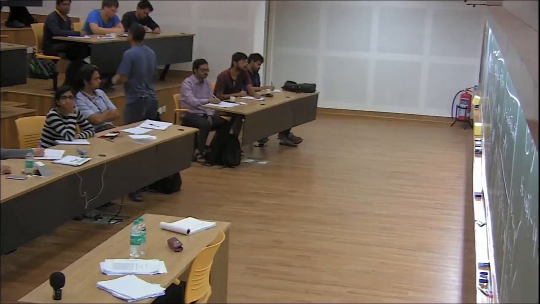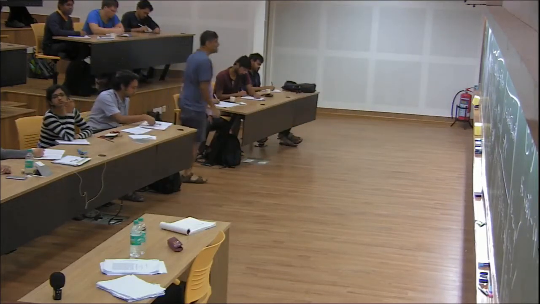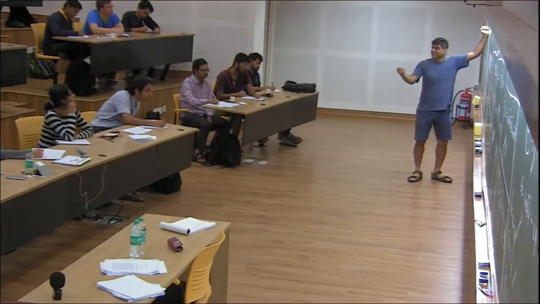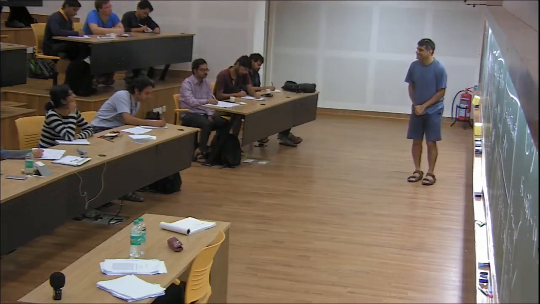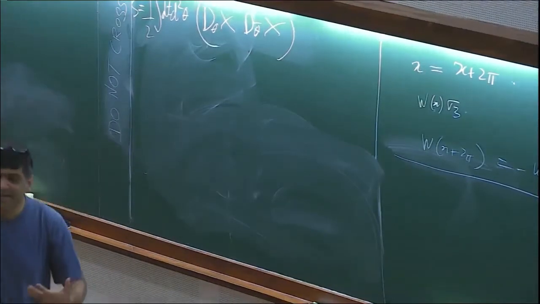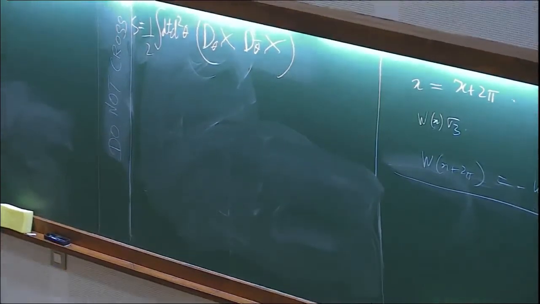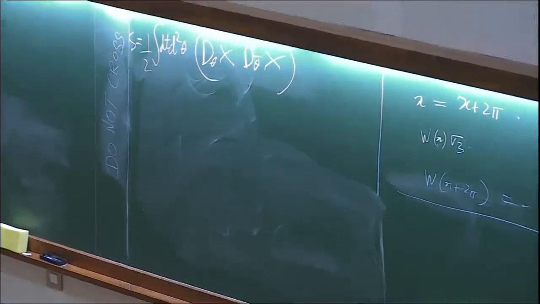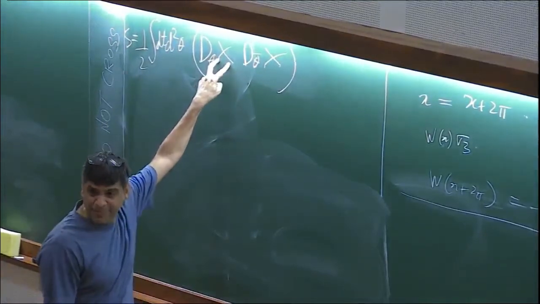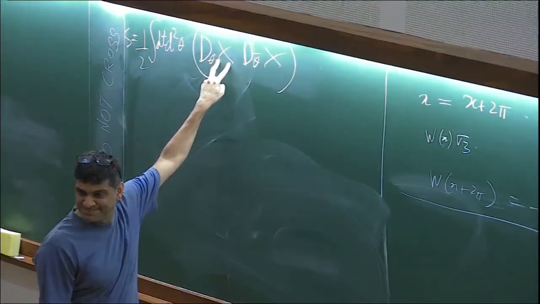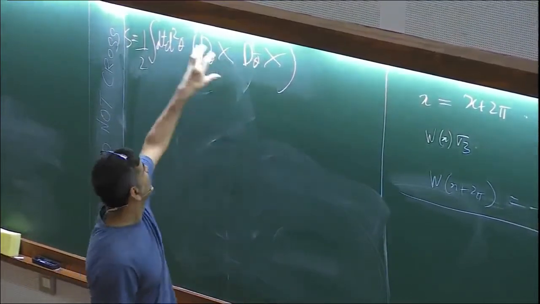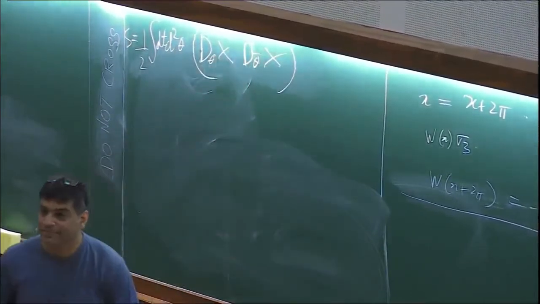I consider this action. Now I want to know how this action varies under supersymmetry. Okay? So under supersymmetry, let's say I do an infinitesimal supersymmetry variation. Okay? What I have to do is to vary the superfield with the supersymmetry operator. So I get a term which is variation of this field times this, plus this times variation of this field.